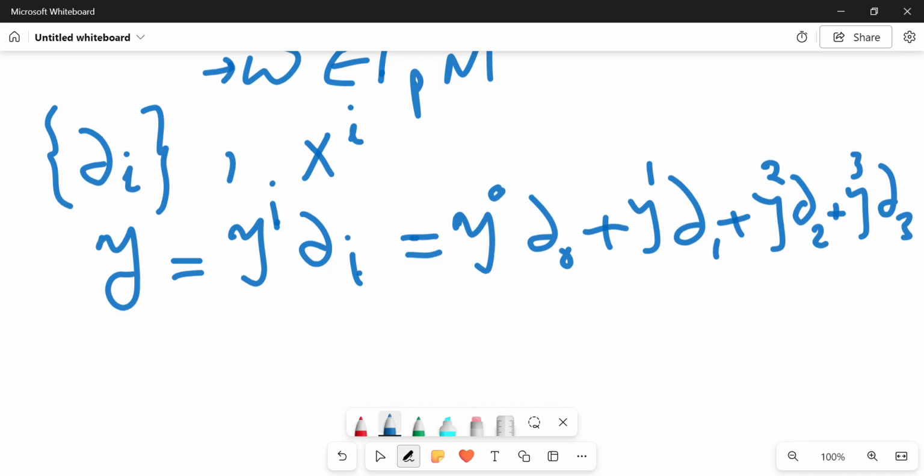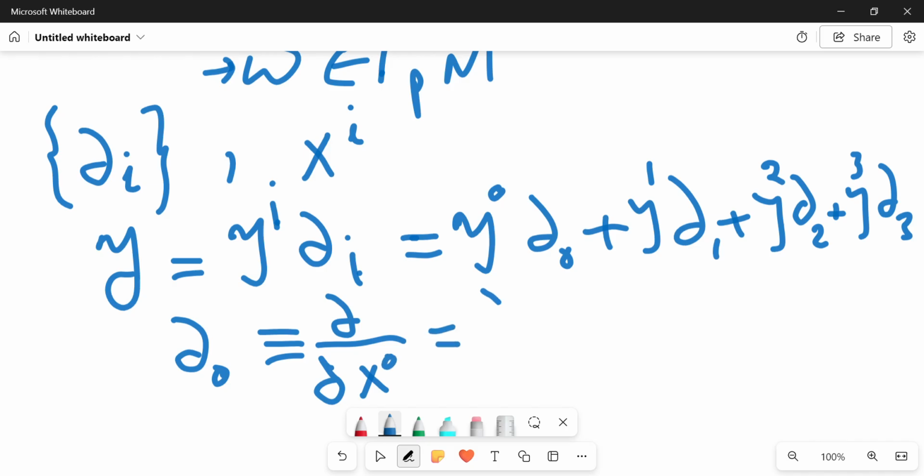Now we define d_0. What is d_0? This is d over dx^0, which is d over d(ct), the time component.